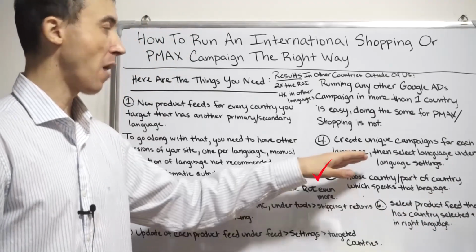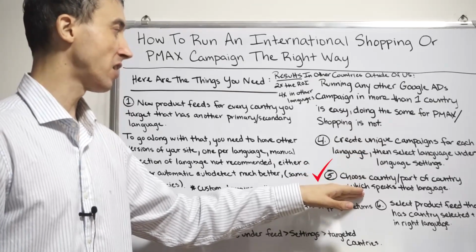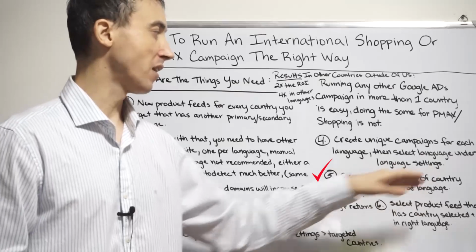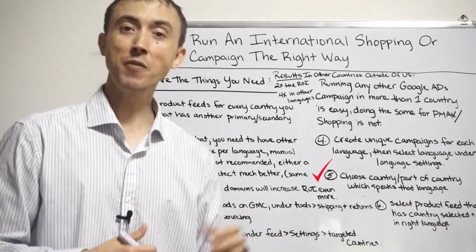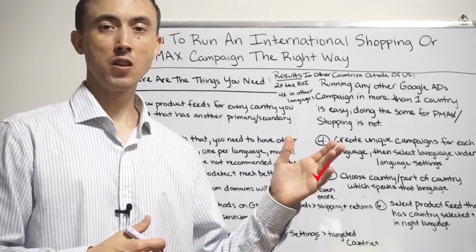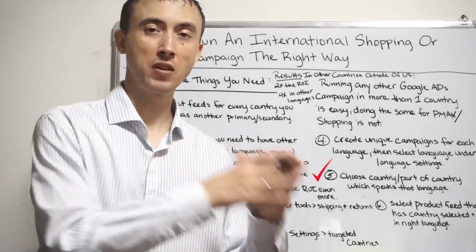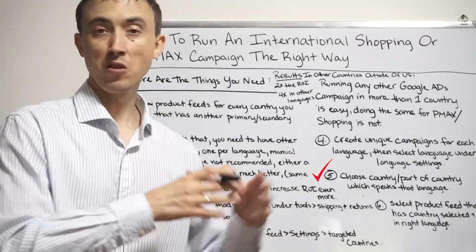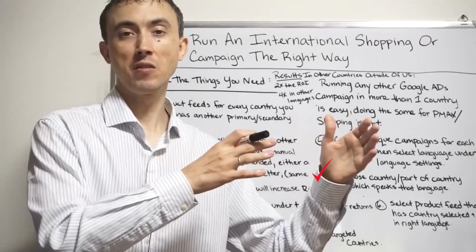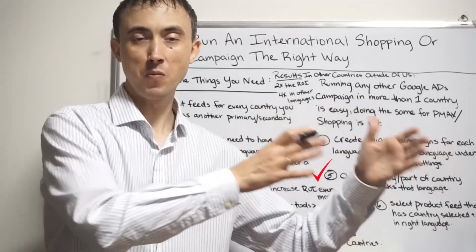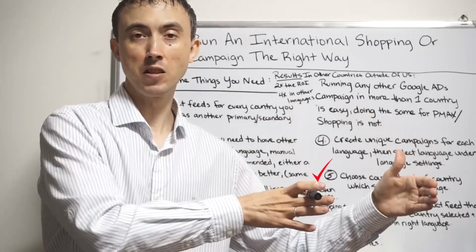What I just mentioned ties into this next thing, which is you choose the country or part of the country which speaks that language. Going back to my previous example about targeting the French people in Canada, we're assuming our primary site is listed in English.